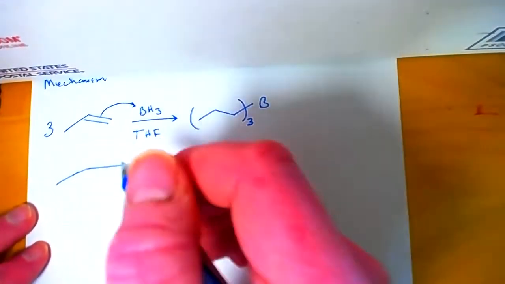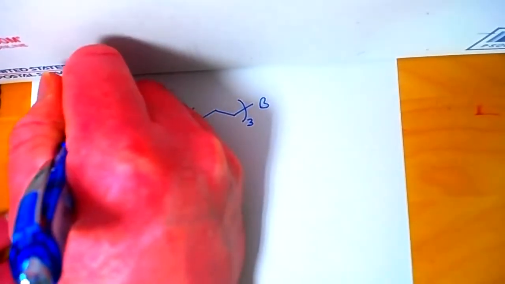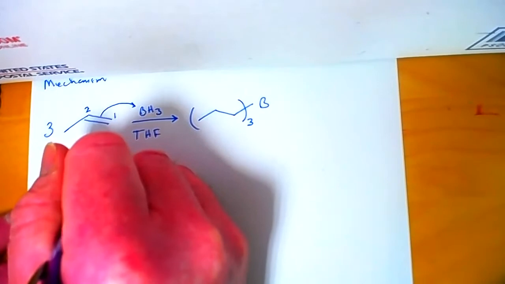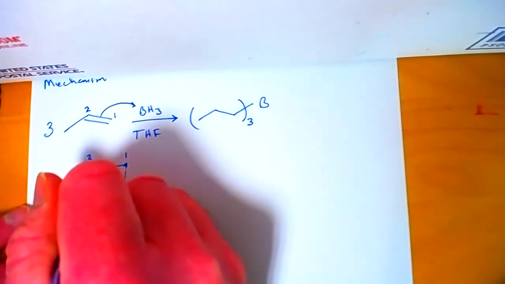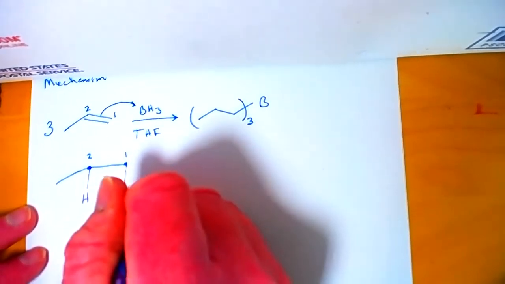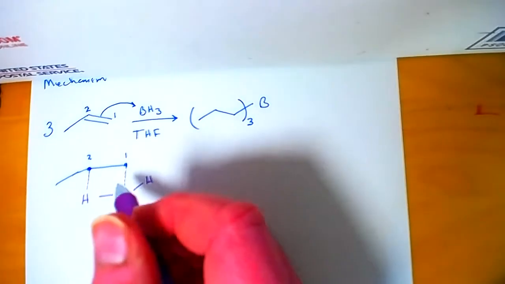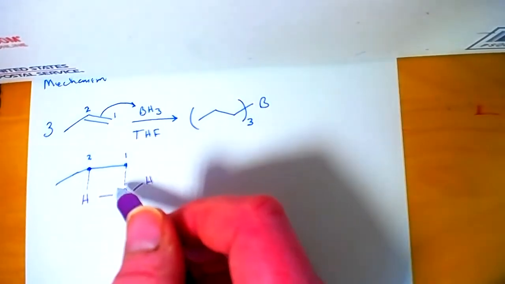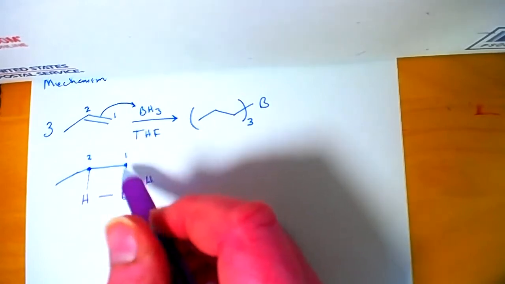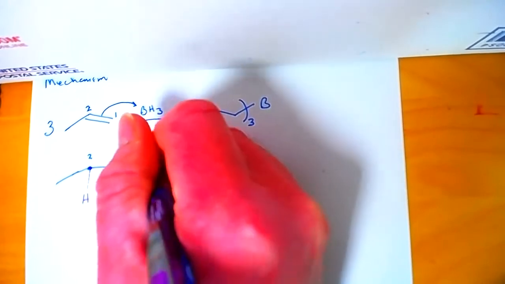And the way they're attracted to them, so this is carbon 1, this is carbon 2, this is carbon 1, this is carbon 2, is that when it adds the boron and the hydrogen in, it does so with a particular regioselectivity, meaning that it adds it on the same face of the alkene, but it also adds it in a way so that the boron is attached to the carbon that's less substituted, and that is really just due to sterics.